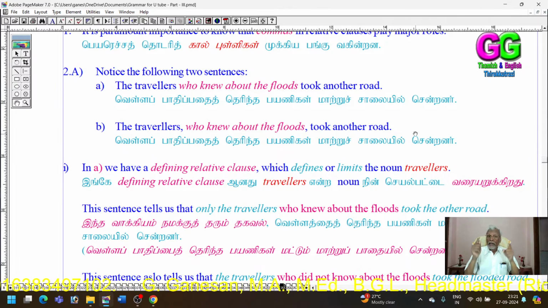But the non-defining relative clause has only one meaning. "The travelers, who knew about the floods, took another road" means all the travelers knew about the floods and took another road.